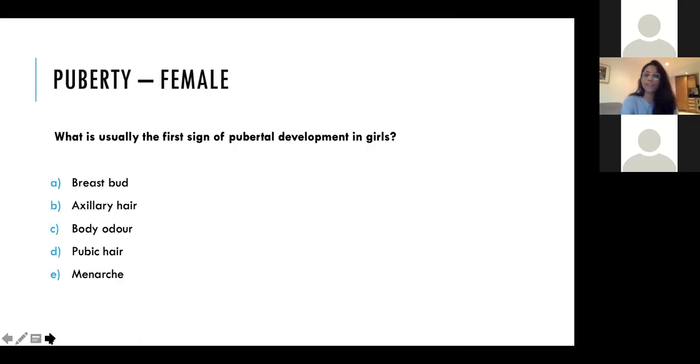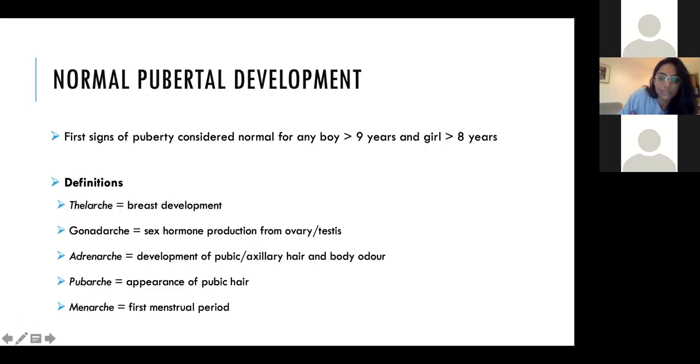Okay, more questions. Right, so what is usually the first sign of, actually, before we do this, I just remembered, let me go back and do these definitions. So you guys got the first question, most of you got this right, I think. Thelarche is breast development, and gonadarche is when there's production of testosterone from the testes and estradiol from the ovaries.